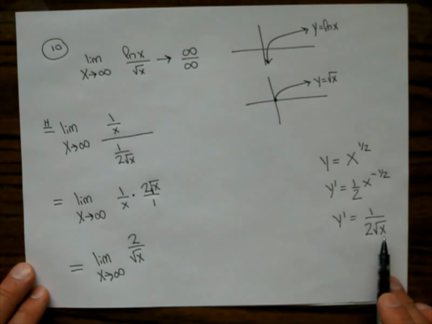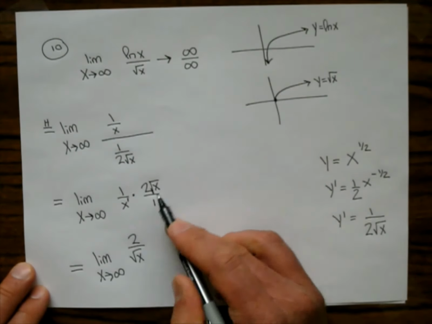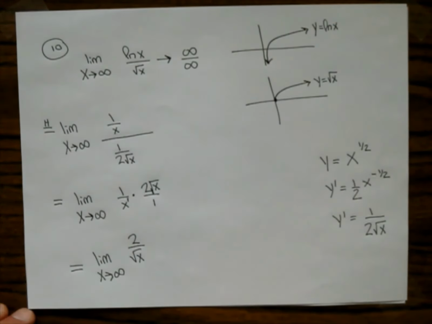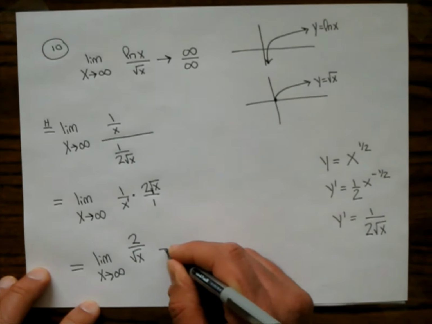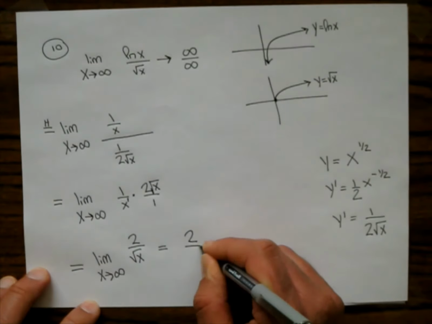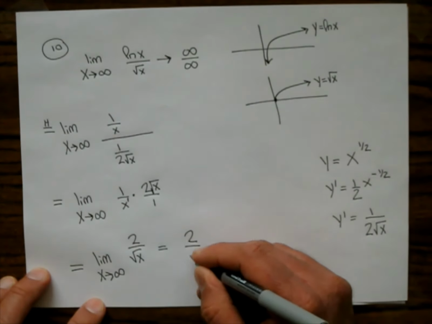Maybe it would have been best if I had kept that as the 1/2 power, and then this is the 1 power, and you would have been able to subtract. Now when I put infinity into this, I end up getting 2 over the square root of infinity, and that thing's still going to be infinity.